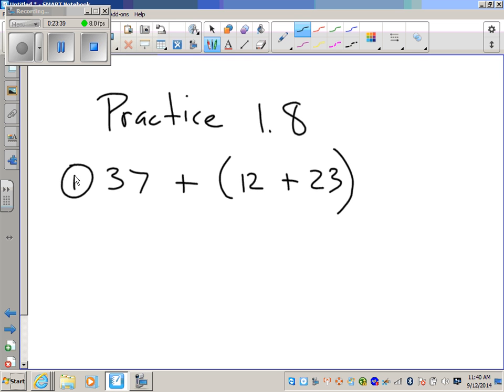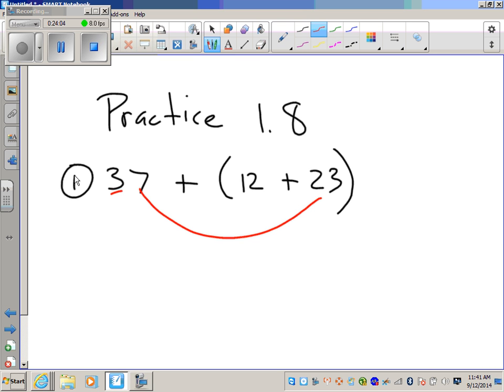I think there is, personally. If it were me, I would take a quick look at the 37 and the 23, because I got a 7 in the ones place and a 3 in the ones place. I put them together, I get 10. So 37 and 23 should give me how much? 60.